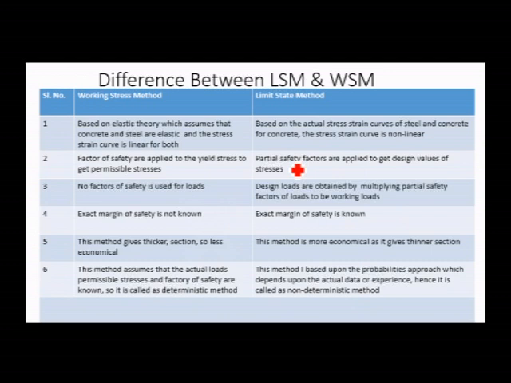Now, what is the difference between the limit state method and the working stress method of design? The working stress method is based on elastic theory, which assumes that concrete and steel are elastic and the stress strain curve is linear for both.